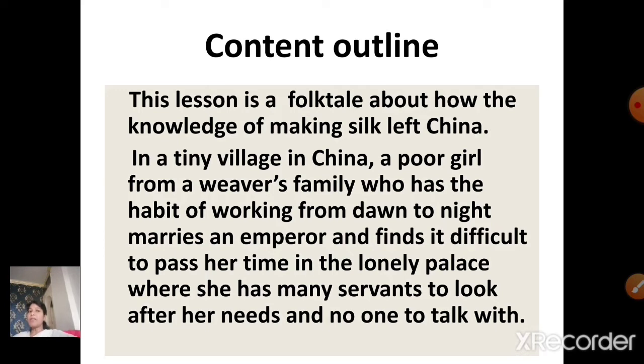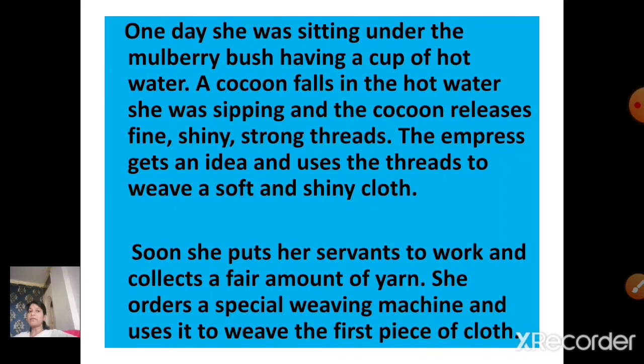In a tiny village in China, a poor girl from a weaver's family, who has the habit of working from dawn to night, marries an emperor and finds it difficult to pass her time in the lonely palace, where she has many servants to look after her needs and no one to talk with.